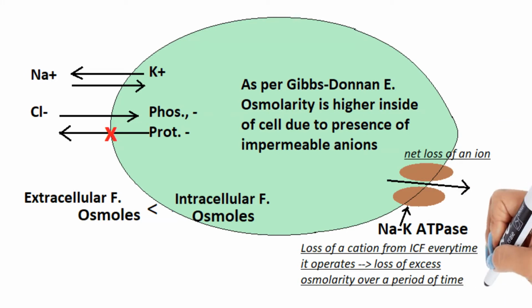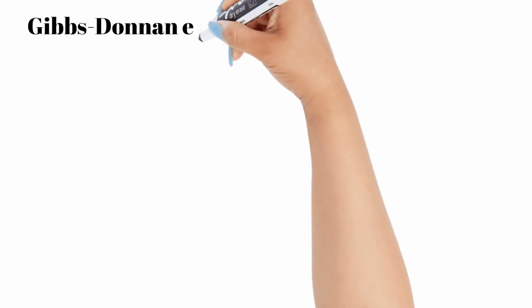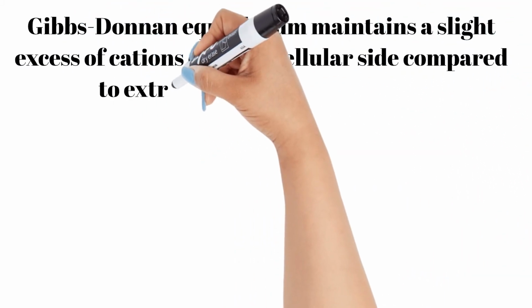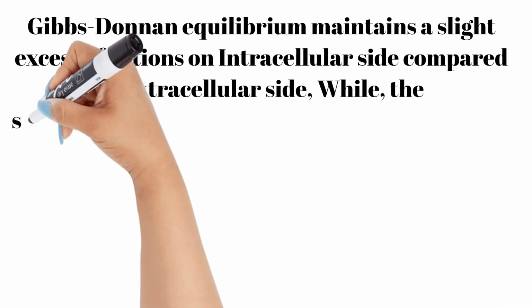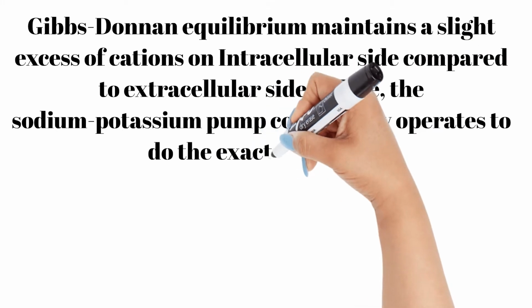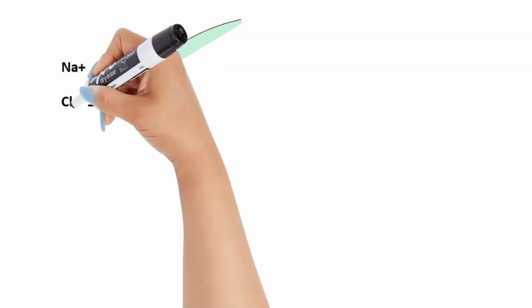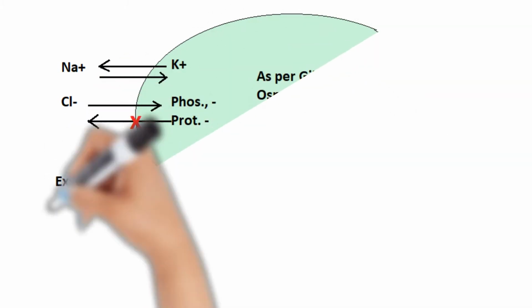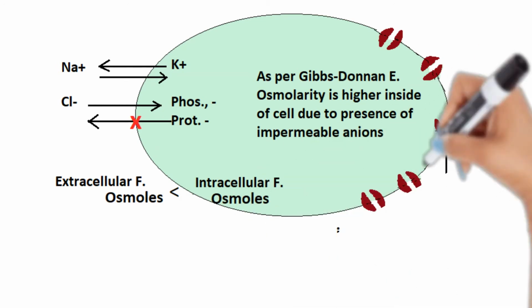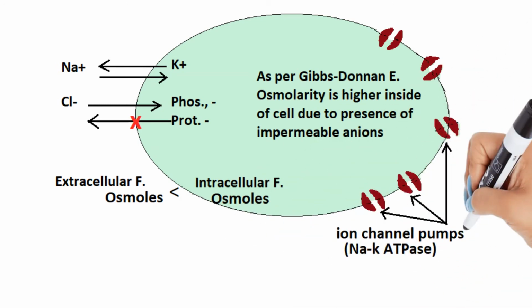So, to summarize, we have a Gibbs-Donnan equilibrium working in the first place to build up an excess of cations on intracellular side having an impermeable anion. But, this can lead to osmosis and enlargement of volume of side B. So, we also have the second mechanism already in place, that is, the ubiquitous sodium-potassium pump in the membrane to continuously pump out ions from side B to side A, that is, intracellular side to extracellular side.